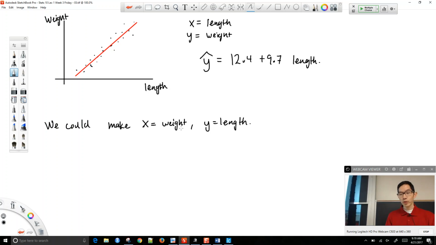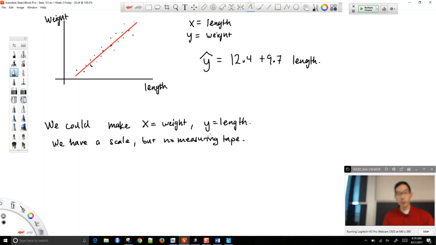So this time, rather than over here where you only have a ruler or a measuring tape, so you can measure the length but you don't have a scale, and so you're trying to figure out the weight, over here it's just the opposite. It's like we have a scale, but we don't have measuring tape. And so if we wanted to, we can say, well, if I'm given the weight, can I make a prediction for the length?